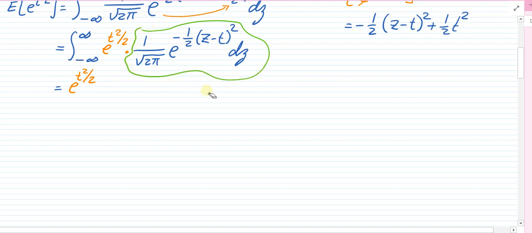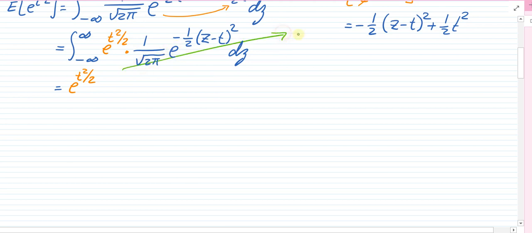And the integral from negative infinity to infinity of that is just the area under the normal distribution. So all of this expression is equal to 1, because that is just the area under the normal distribution whose mean is t, deviation is 1.